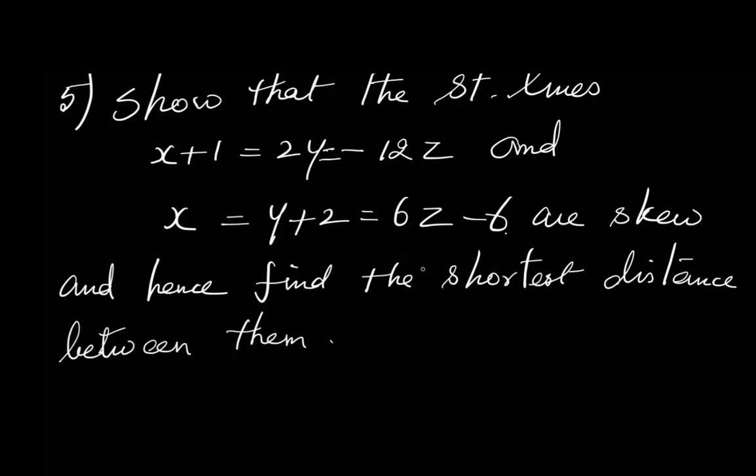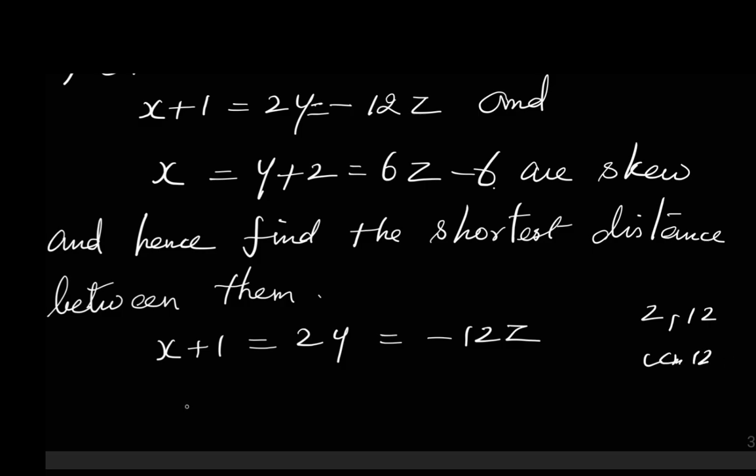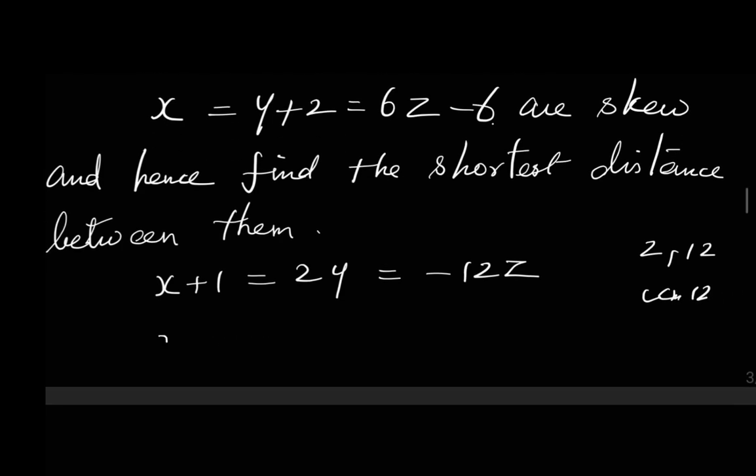You have to bring this into the form (x minus x1) by (x2 minus x1). Let me take the first line, x plus 1 equal to 2y equal to minus 12z. The coefficients of x, y, z should be 1. Already the x coefficient is 1, but the y coefficient is 2 and the z coefficient is 12. So take the LCM of 2 and 12, which is 12, and divide each term by 12.